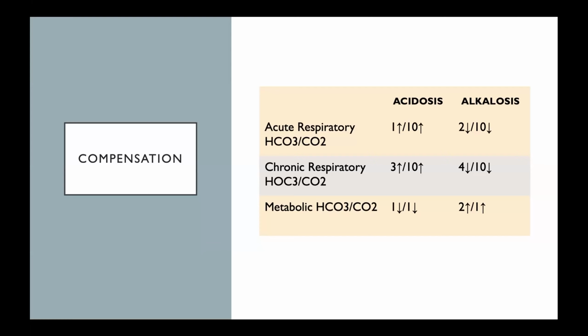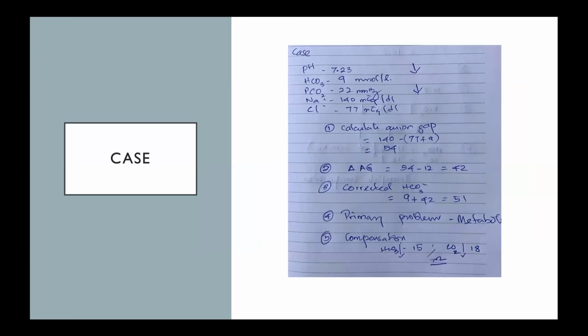So now we'll come to the same case. We have seen it is metabolic, so let's see the compensation. See the bicarbonate loss. Bicarbonate has gone from 24 to 9, so the loss is 15. So how should carbon dioxide go?